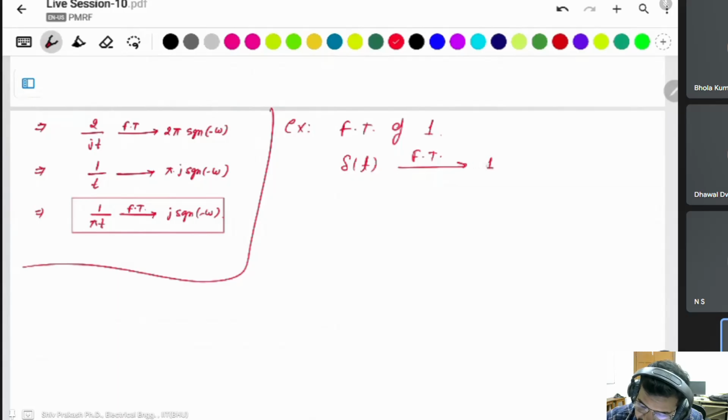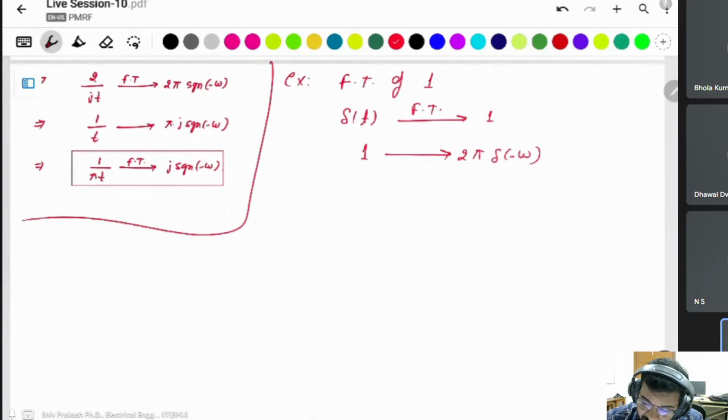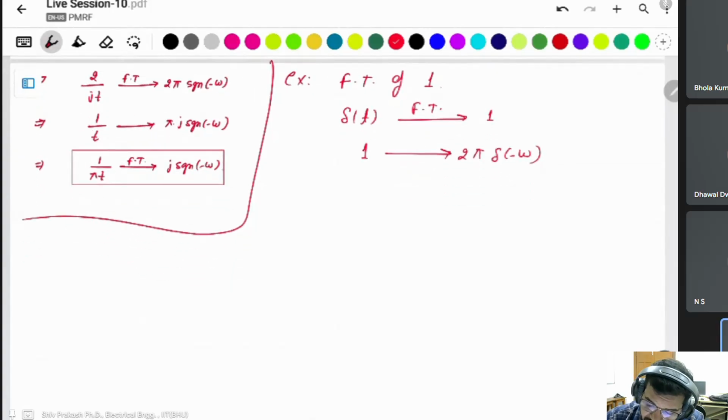Then reverse this order: 1. What is the Fourier transform of this one? It will be 2π δ(-ω). So for 1, 2π δ(ω).